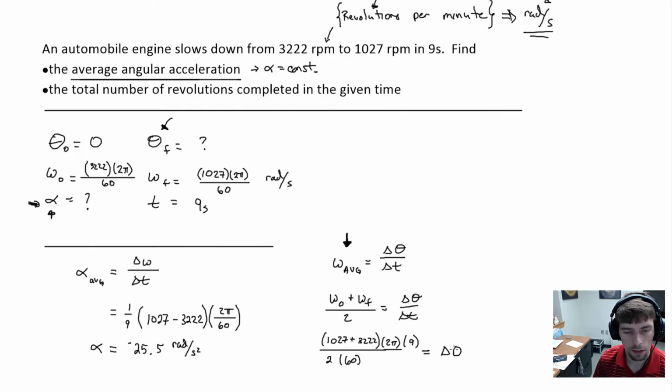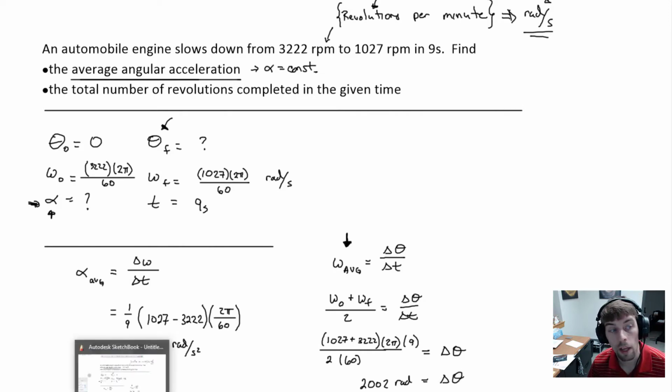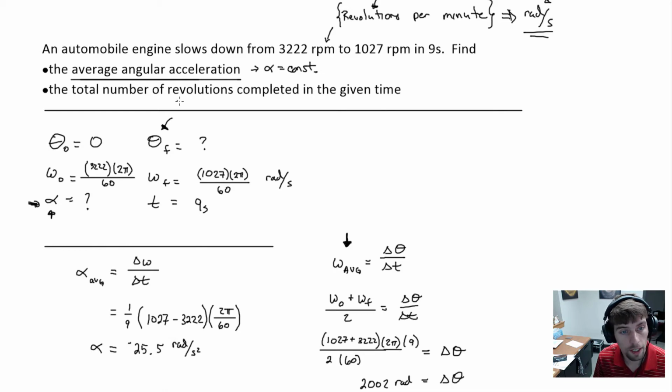Equals our change in theta. So let's run the numbers there. I got something that said my angular distance is 2002 radians. And of course, we go back and say, wait a minute, we actually want revolutions, so I have to convert that back.